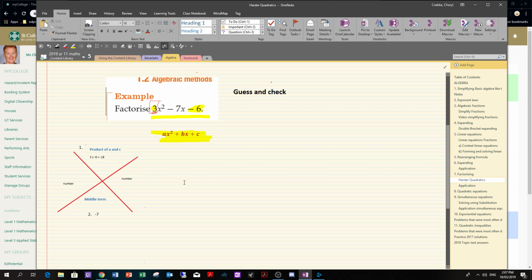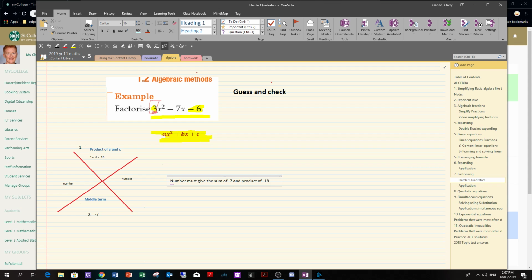Now, the sides of the cross: what I want to do is figure out what numbers I can use that will add to give me the middle term of -7 and multiply to give a product of -18.